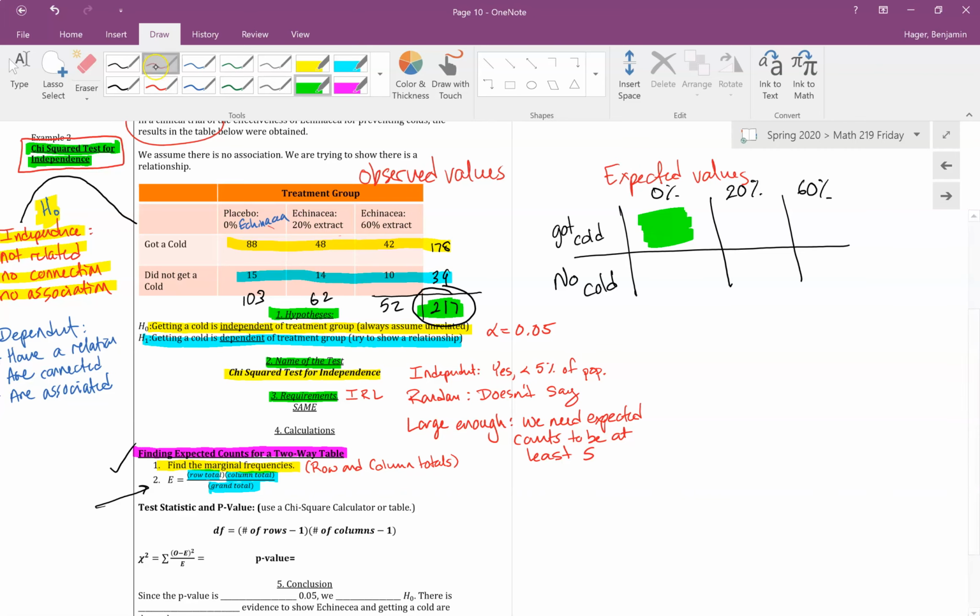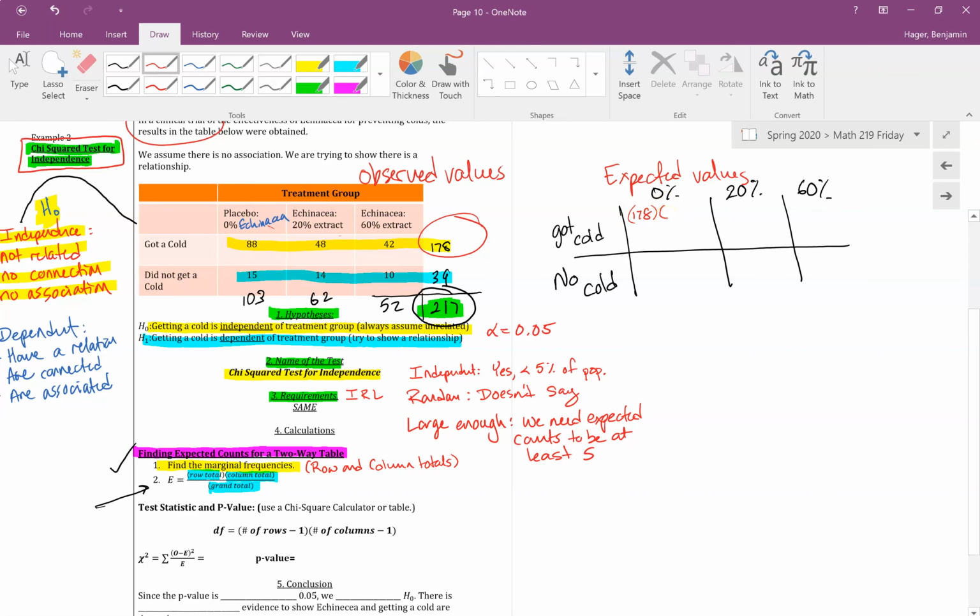this box lands in the got a cold but had 0% echinacea. So I need to find the row total for got a cold and the column total for 0% echinacea, and divide it by the grand total. So the row total for got a cold is here, 178.